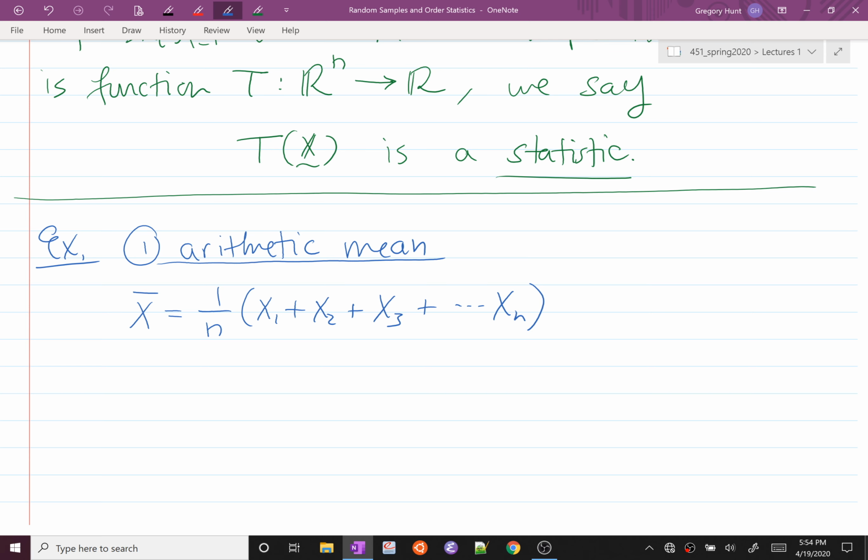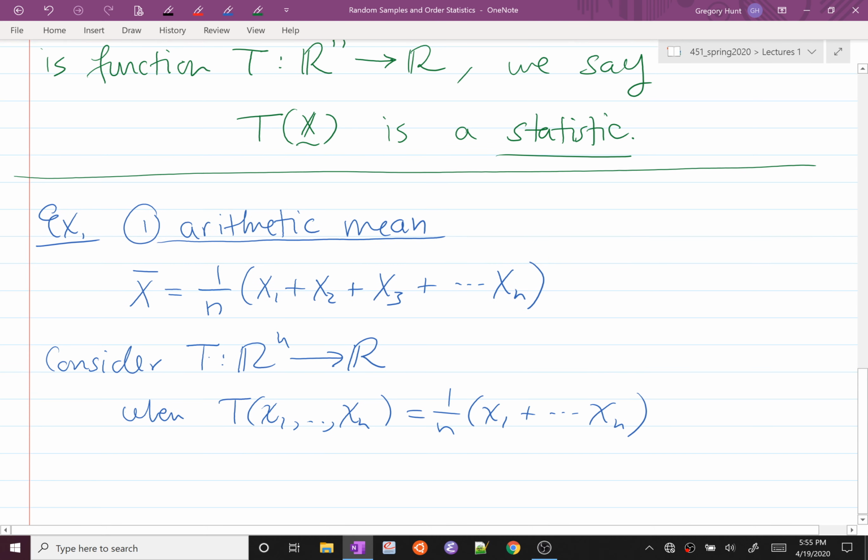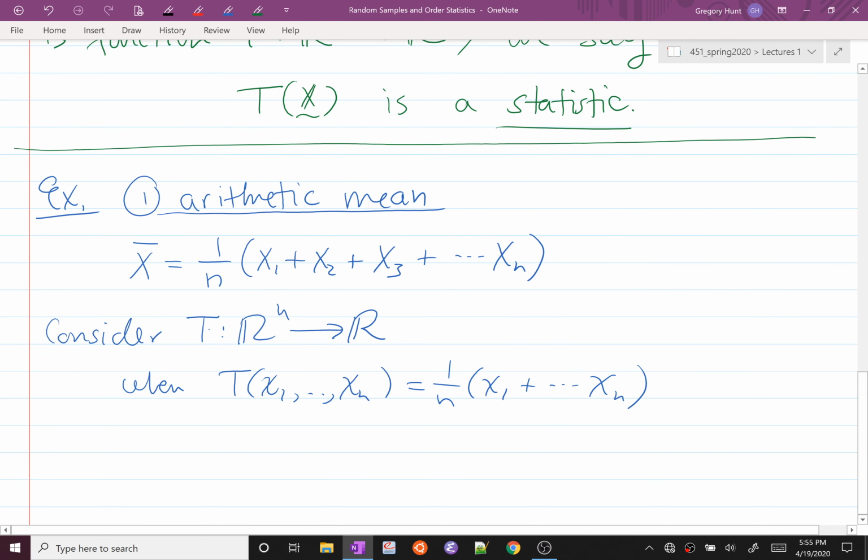If we have x's that are a random sample, t is some function from R^n to R, where t of x1 to xn is just my formula, 1 over n times the sum of x1 to xn.